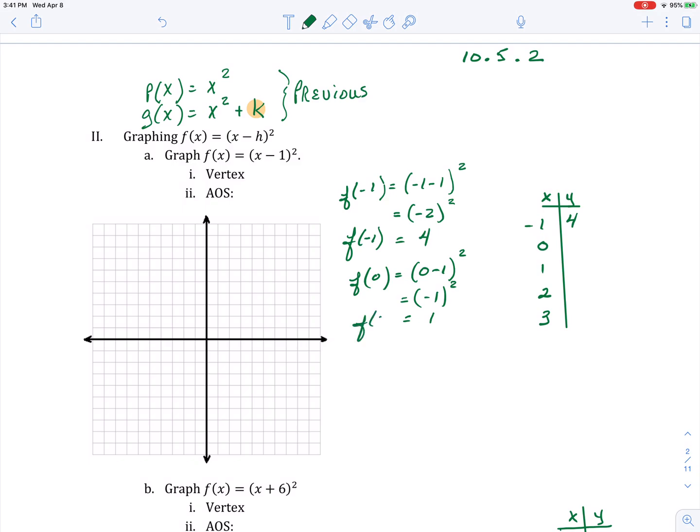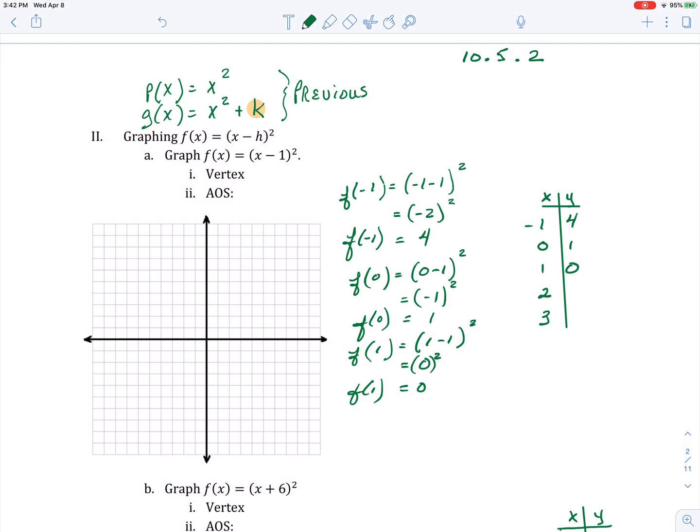When x is 0, y is 1. When x is 1, y is 0.